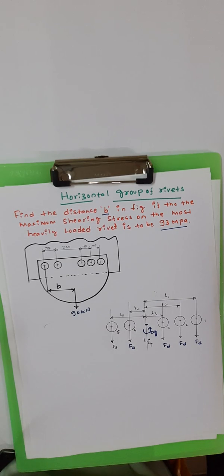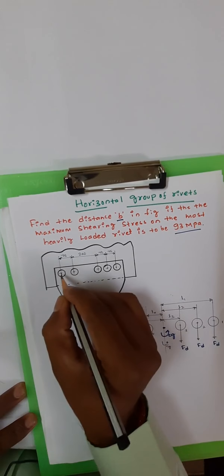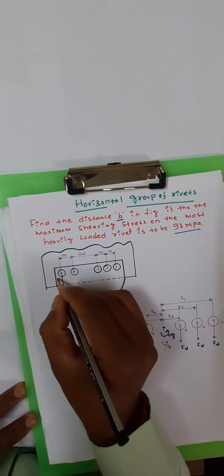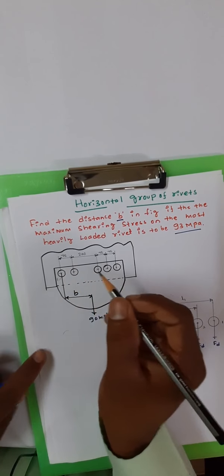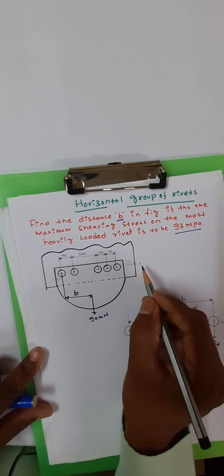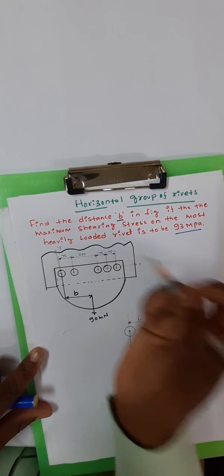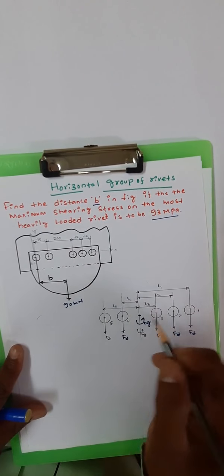Now we will find out the value of CG. Always start by considering this point as a reference point, which we consider as 0 or O. From this point, this side I will consider as X, and this as Y. This is the geometry of the figure.